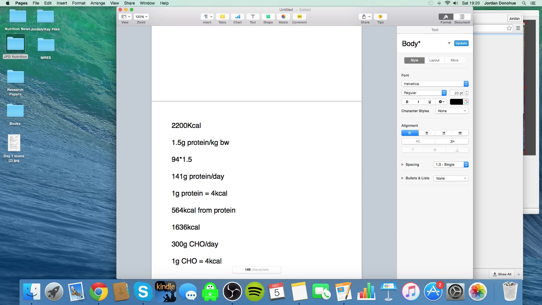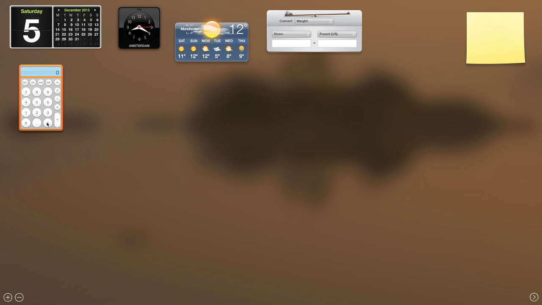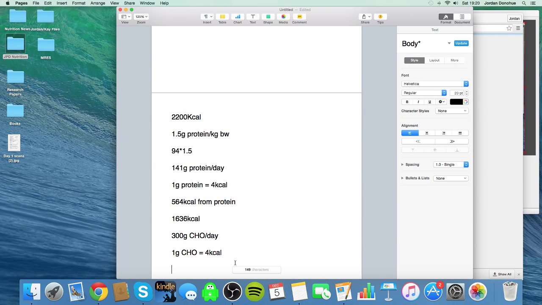So, we do 300 times 4 equals 1,200 kilocalories from carbohydrate.